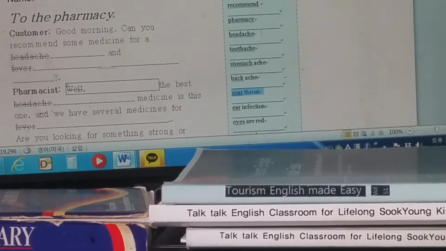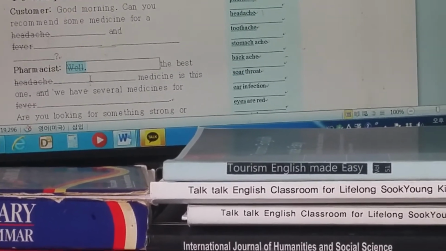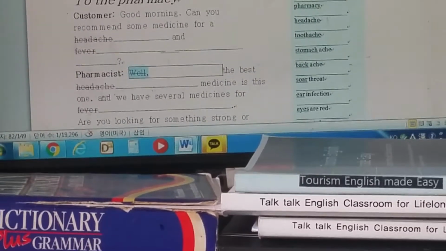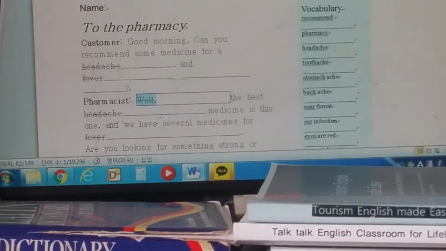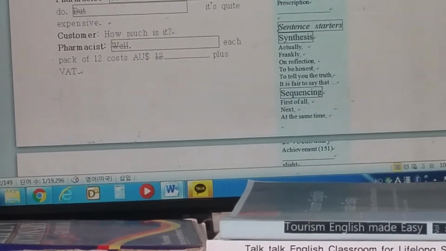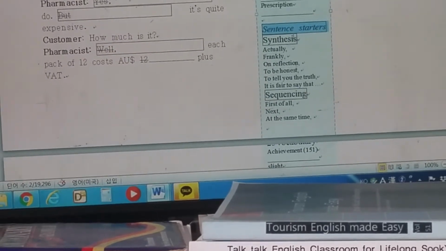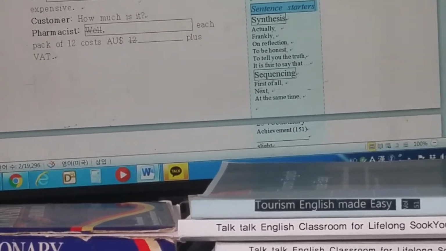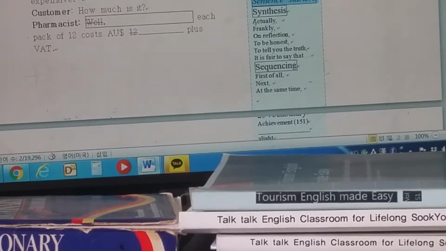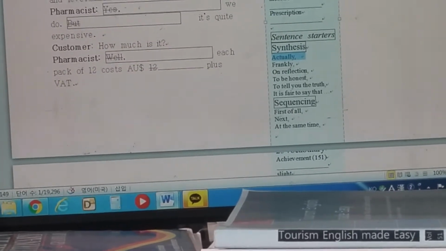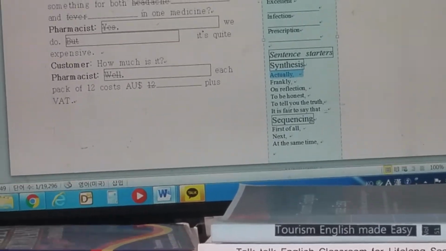All right. Now you come to well. Can you see here well? For this, you go down. You go down this blue list. Go down. Can you see sentence starters over here? Now what you do here is change it, please. For example, actually, the first one. Actually, we are still on page 82.